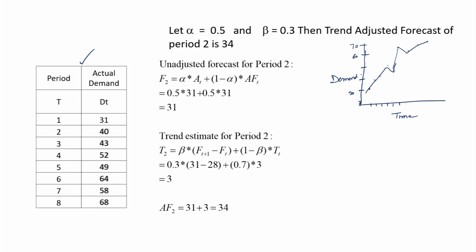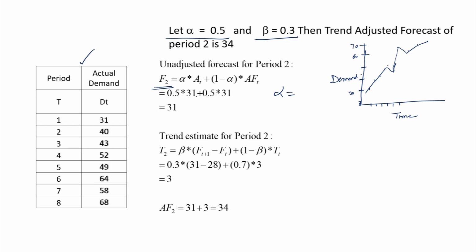So, let us see the forecast for period 2 from this data, and alpha we are taking as 0.5 and beta we are taking as 0.3, and based on that we will calculate alpha A t plus 1 minus alpha A F t.